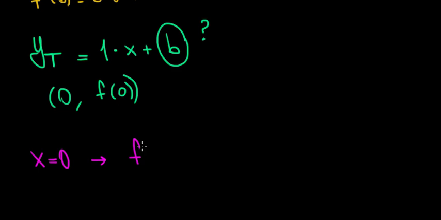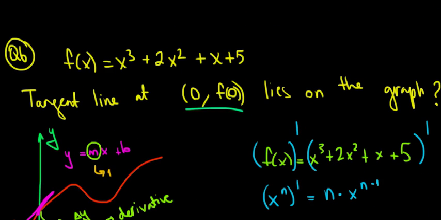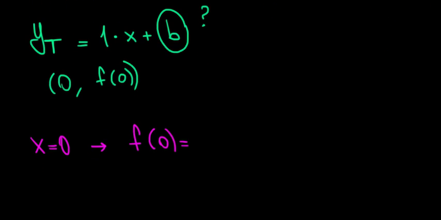The general function f of 0 equals 0 cubed plus 2 times 0 squared plus 0 plus 5, and that's equal to 5. So the function at the point x equals 0 is 5.